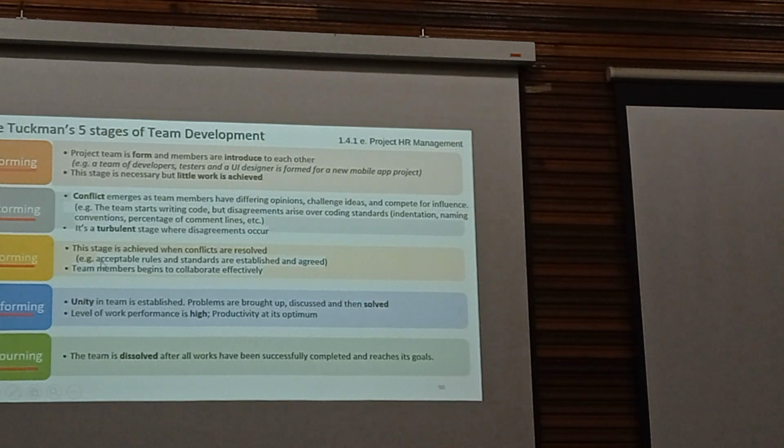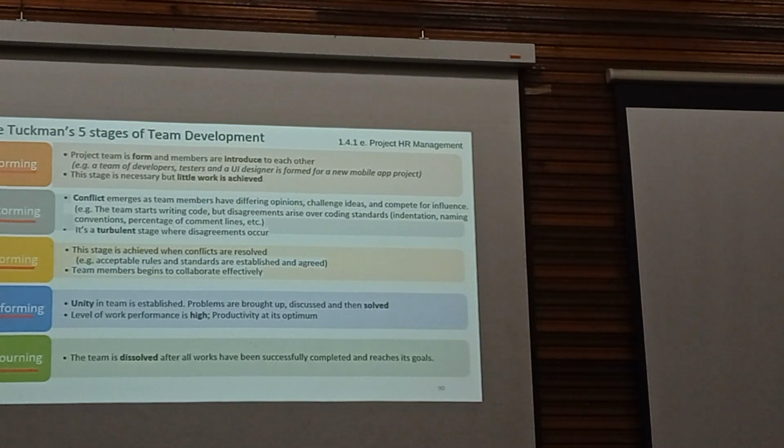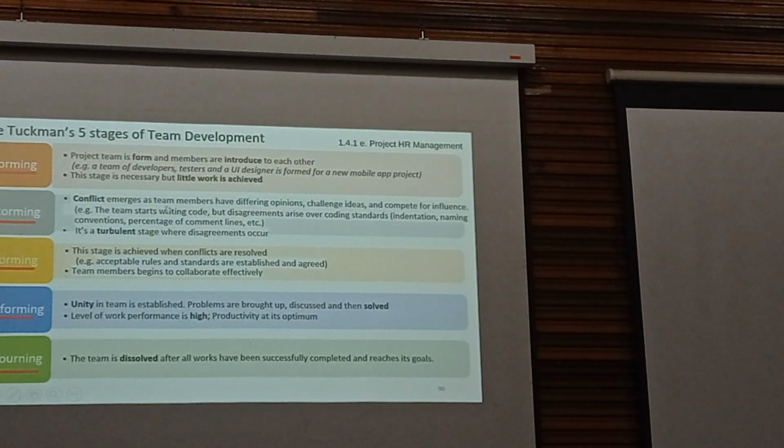Acceptable rules and standards are established and agreed between team members. So you have conflict here. Let's discuss the conflicts and make an agreement among yourselves. Then you move on to this stage.